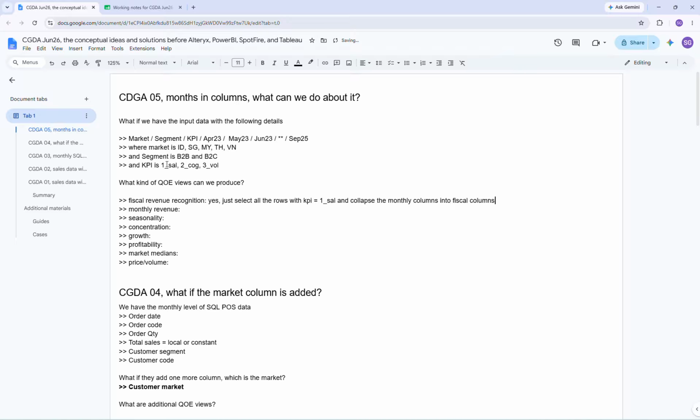Okay, so this one you have to unpivot, or you have to collapse the table a little bit. You have to put all the monthly columns together into 2 columns. So one column is the month name, and the other column is the value of the KPI, and then later you can group the values in any way you want. So you can do the fiscal, and then you can do the monthly also.